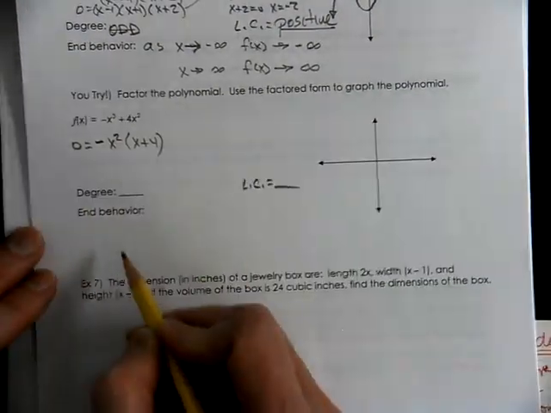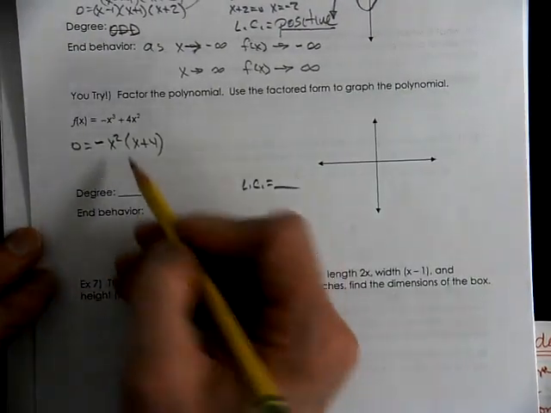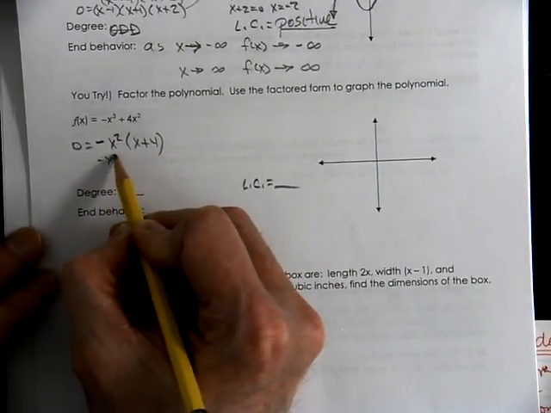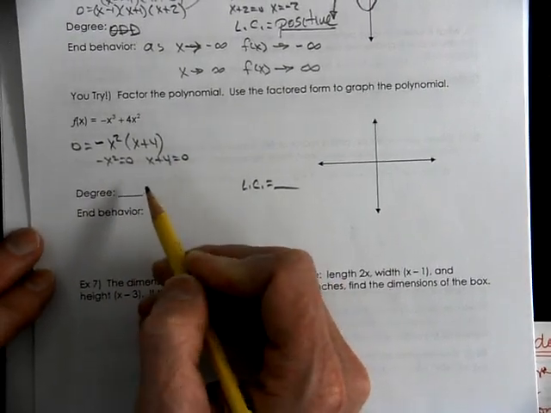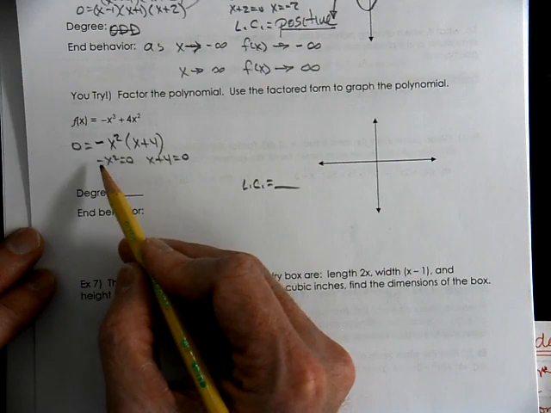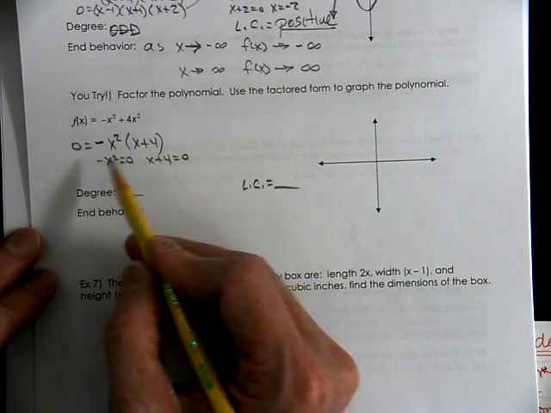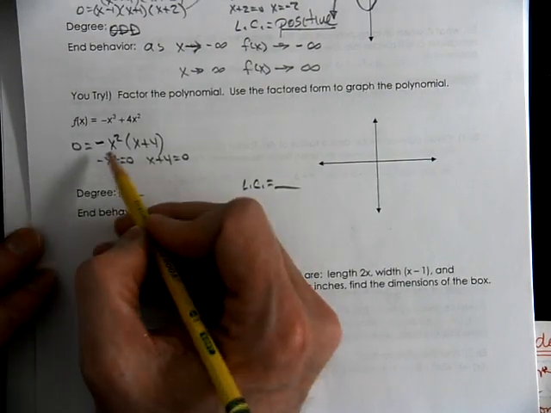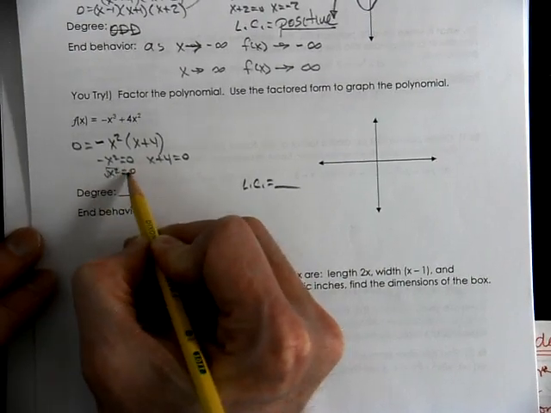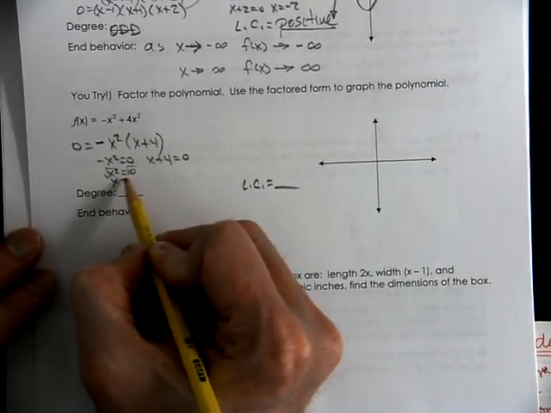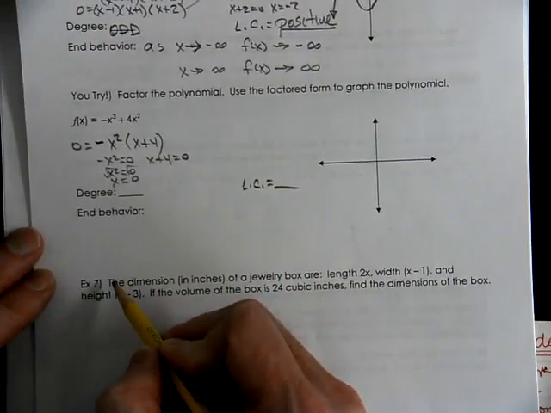We're going to set this equal to 0. We'll use the zero product property since that's fully factored. I could divide by a negative and then take the square root. So x squared equals 0 and take the square root of both sides. So x is going to be 0.